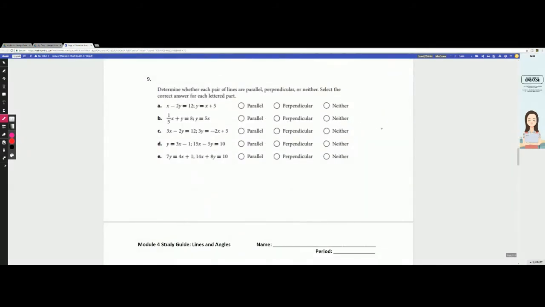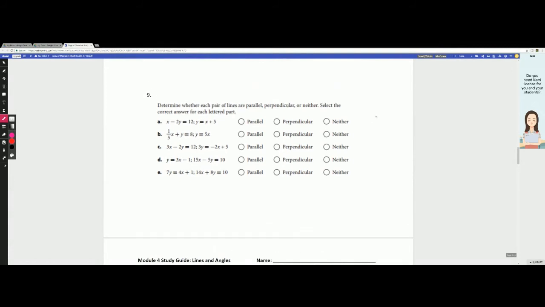All right, number 9. Determine whether each pair of lines are parallel, perpendicular, or neither. Select the correct answer for each lettered part. Okay. So if I rewrote this guy from standard form to slope-intercept form, he should look like this. I want to subtract the x, divide by the -2, and I should get a positive 1/2 x.